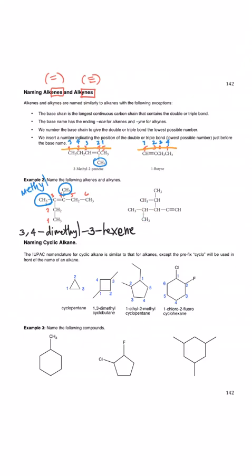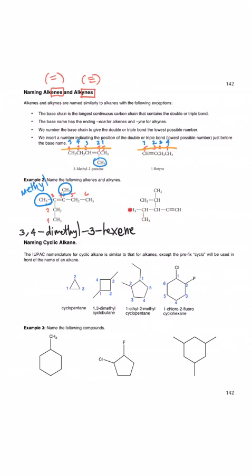But note that whenever you see a double bond or triple bond, the longest chain must contain the double bond or triple bond. Therefore, in this case, this would not count to be the longest continuous carbon chain, because it doesn't contain the triple bond. This also is not going to be considered the longest chain, because it doesn't contain the triple bond.